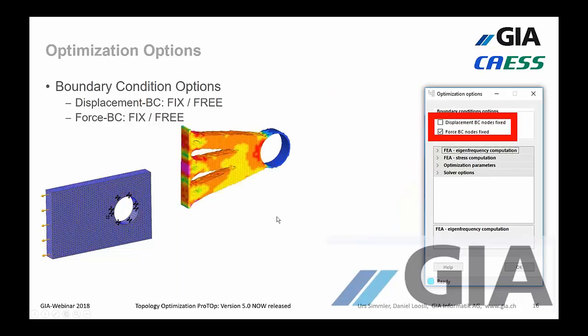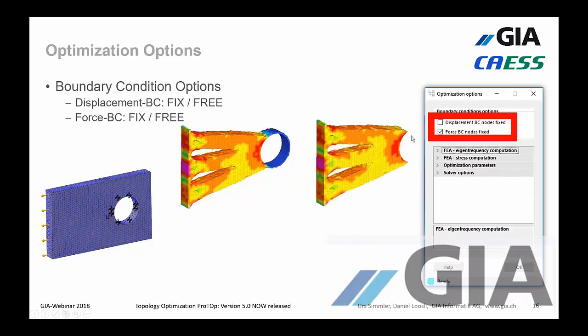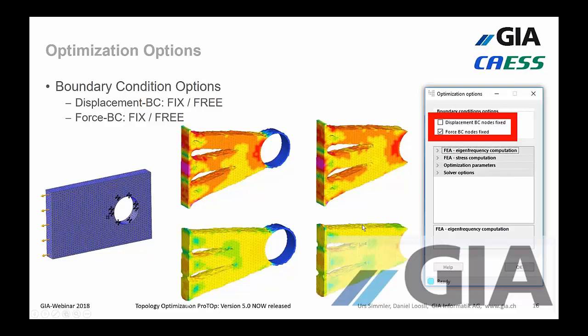So it means not allowed here with that option to take away the material of the constraint and load regions. Here it's only allowed to take away the constraint regions. Here it's only allowed to take away some force regions, and here it's allowed to take away both. So this gives us more flexibility in the area of our loadings and of our constraints.